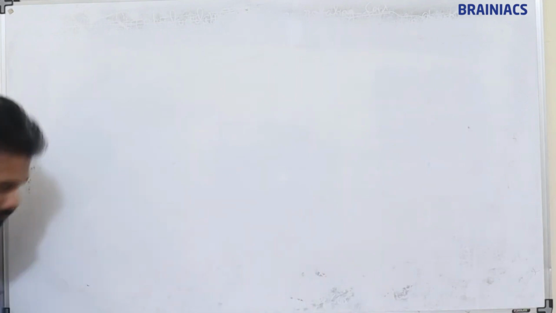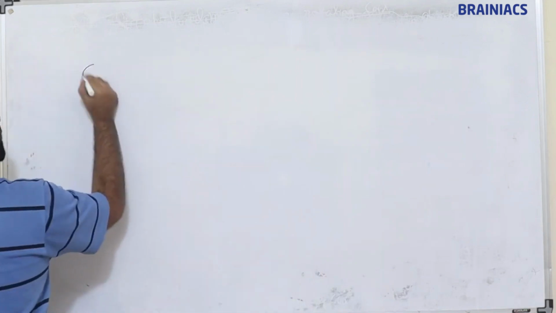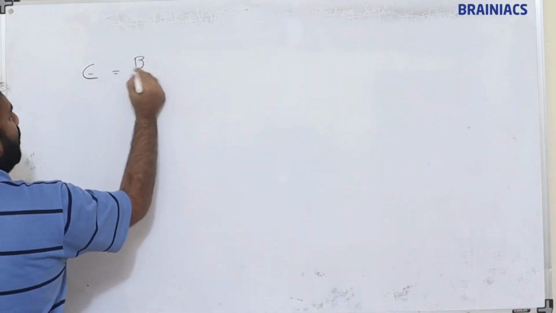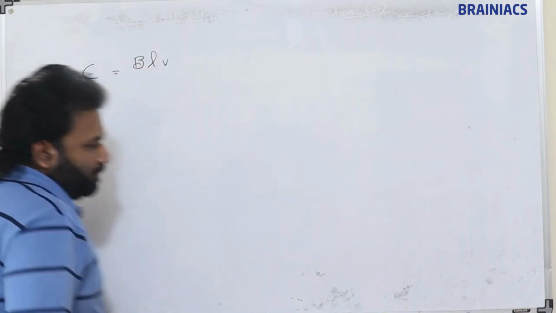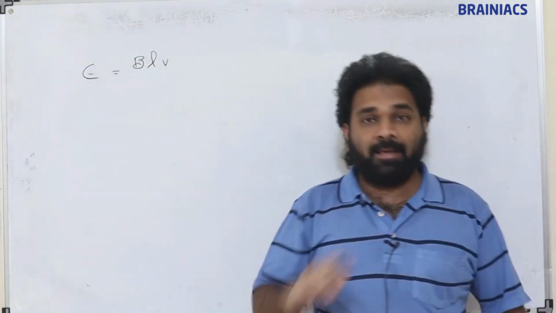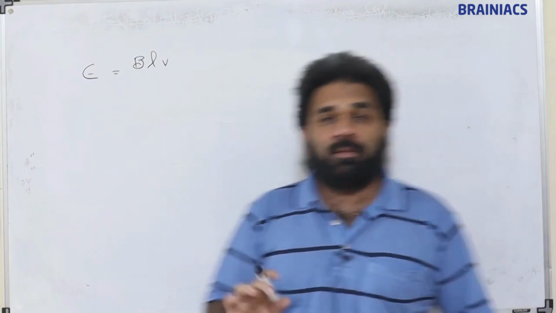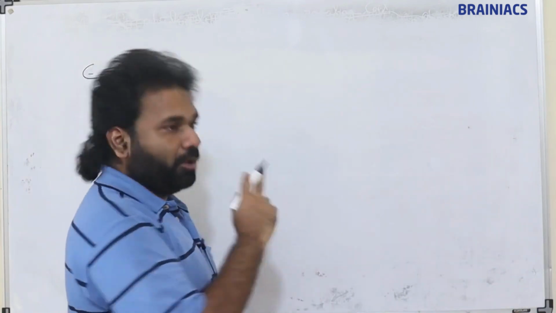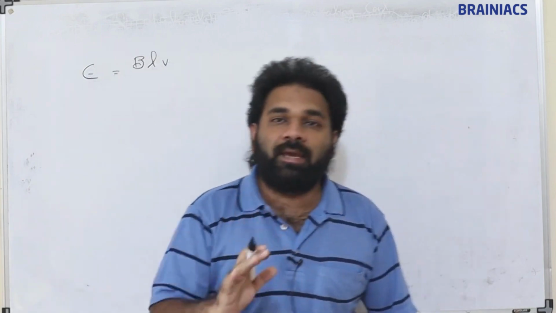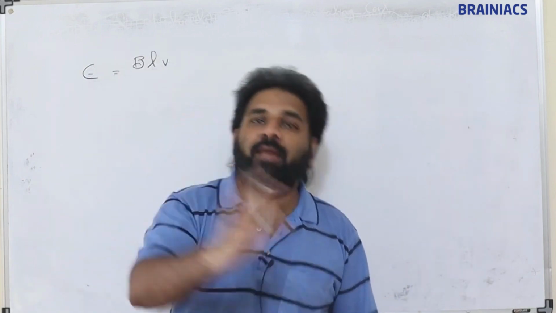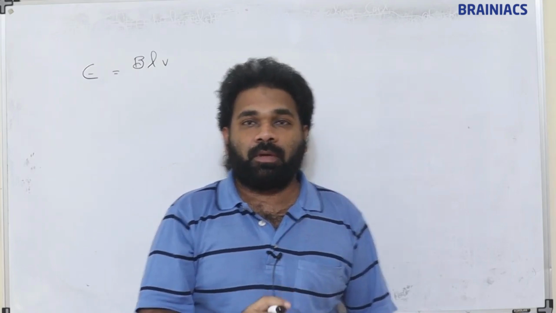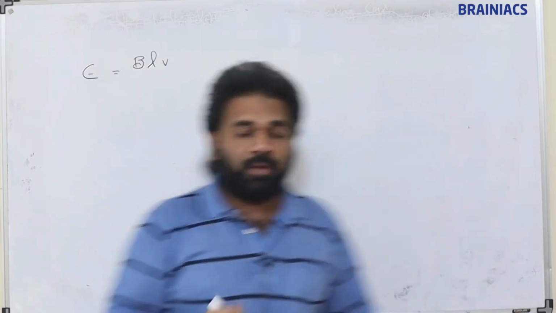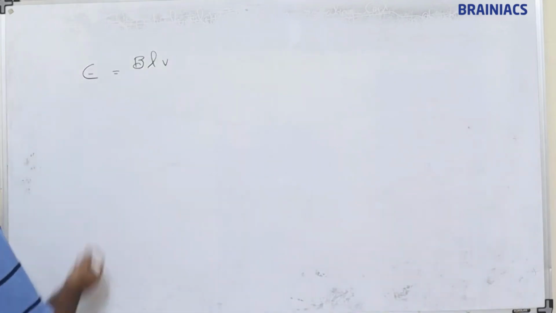Okay children, so motional EMF E is equal to BLV. There is a condition for this. For us to get a non-zero value for motional EMF, there is one more condition.